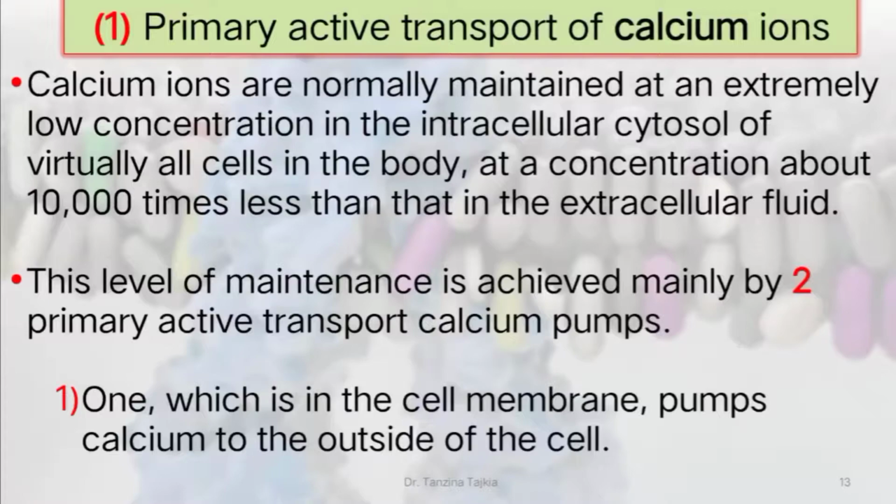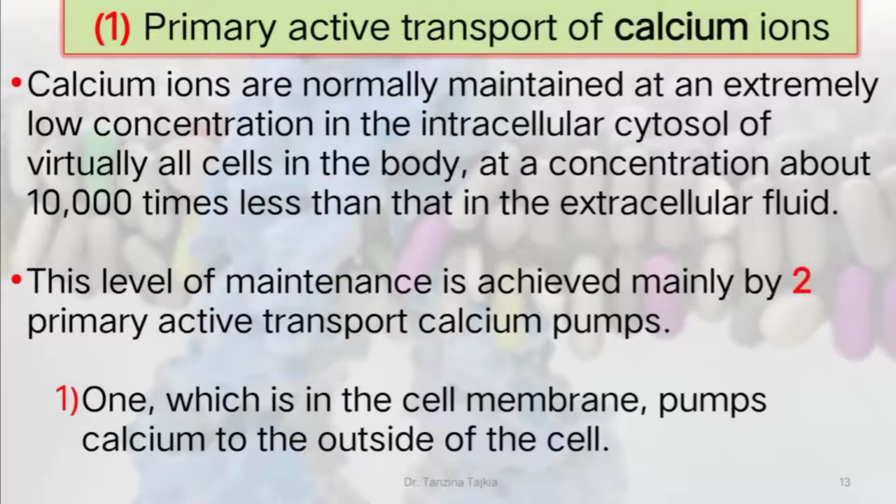Calcium ions are normally maintained at an extremely low concentration in intracellular cytosol of virtually all cells in the body, at a concentration about 10,000 times less than in the extracellular fluid. This level of maintenance is achieved mainly by two primary active transport calcium pumps.